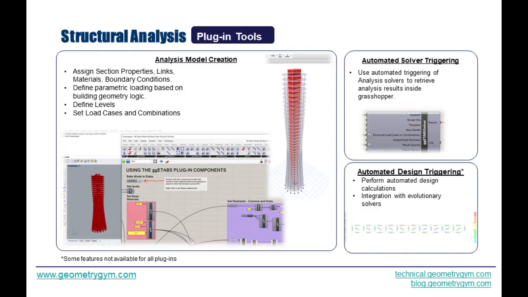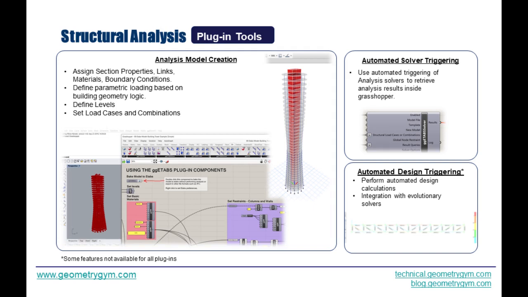So yeah, for those who are not fully aware, what we provide with our structural analysis plugins is an extension to Grasshopper that allows you to specify materials and everything you need to define a structural analysis model, and then also allows for automated solving and result extraction back into Grasshopper to do design of what you want.